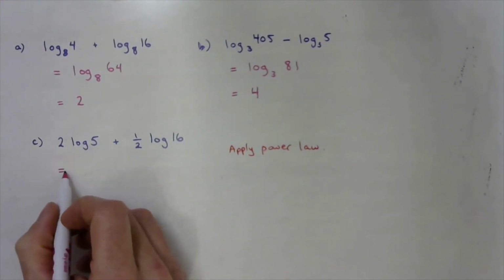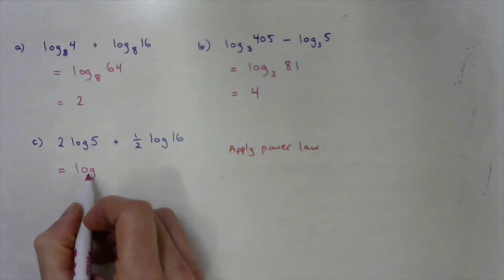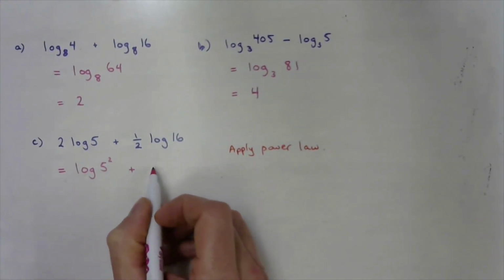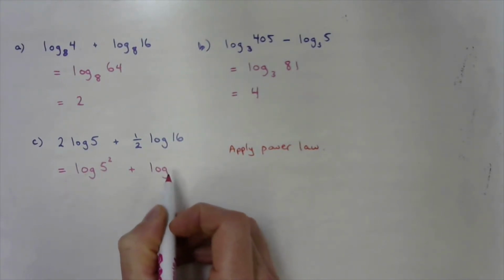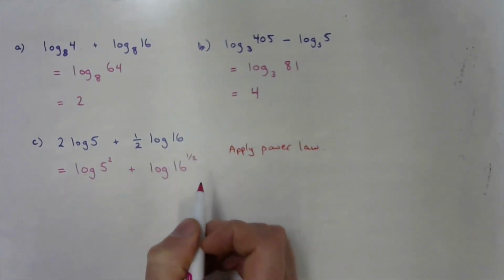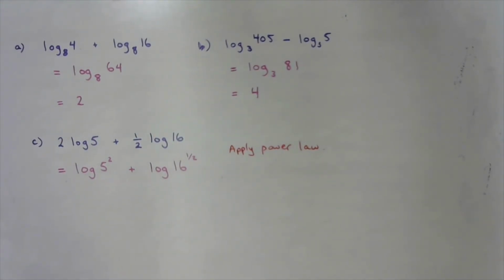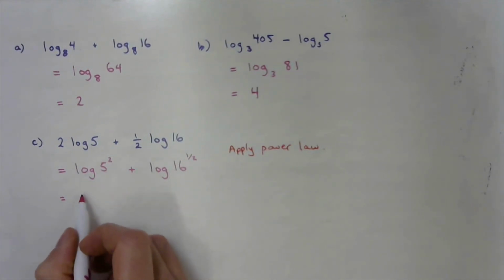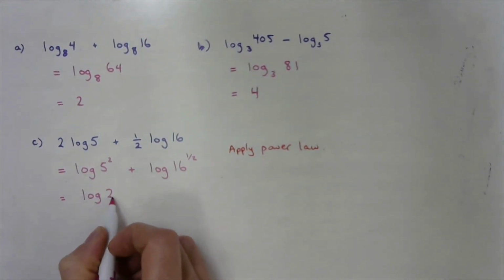I'm okay with that. So what we're going to do here is we're going to make this the log of 5 to the power of 2. And we're going to add the log of 16 to the power of 1/2. Log of 5 to the power of 2, I can simplify that right away to the log of 25.